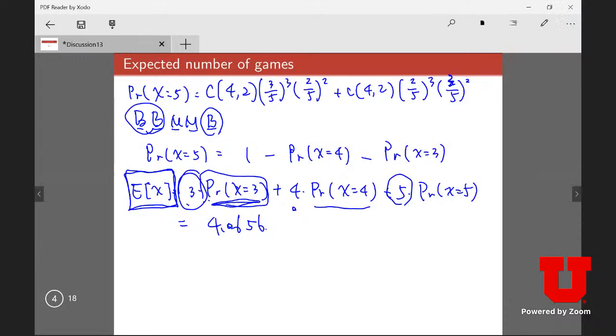The expected value is basically the average, right? The average length of the game. I don't know if this makes any sense.